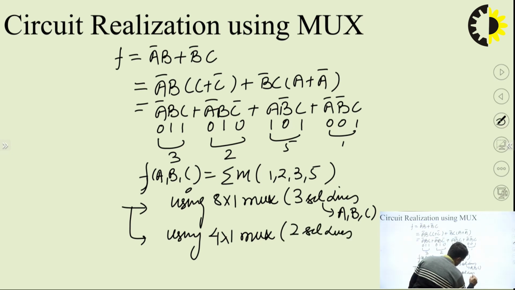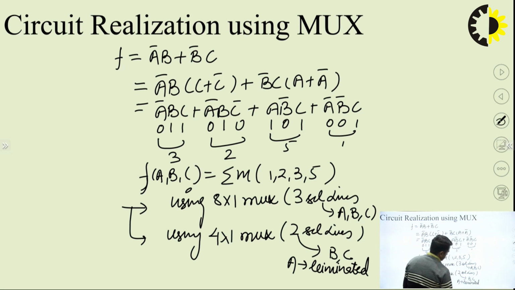So in that case, these 2 select lines I will use B and C and A will be eliminated, as we have done in our previous question. And similarly, we can proceed further with the circuit realization. Okay. So this is how we can realize expressions using multiplexer.